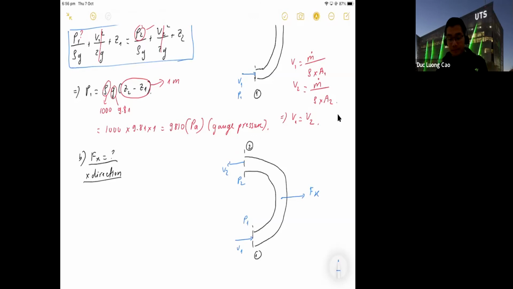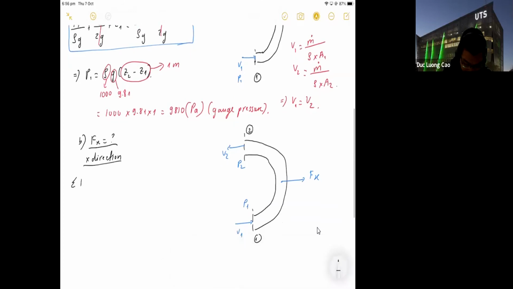Fx. Yeah, the equation we have is sigma Fx equal to sigma out beta m dot V out x minus sigma in beta m dot V in x.